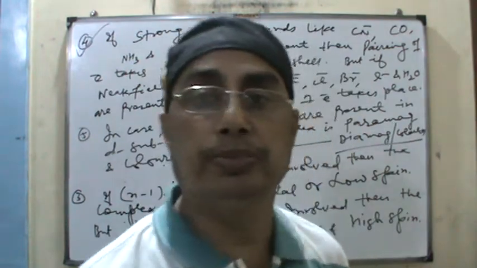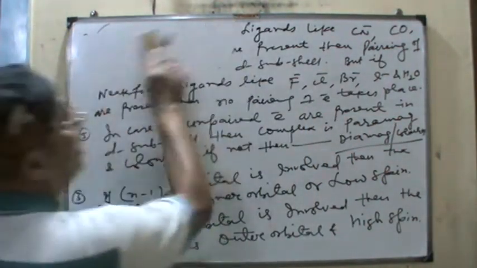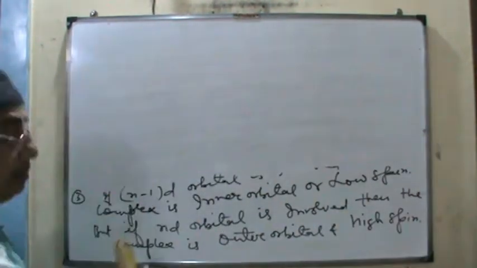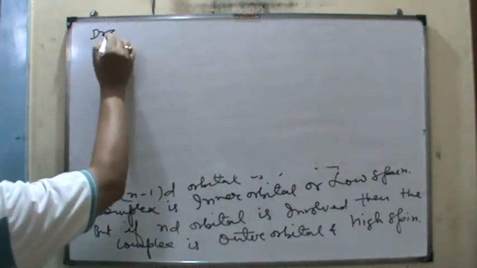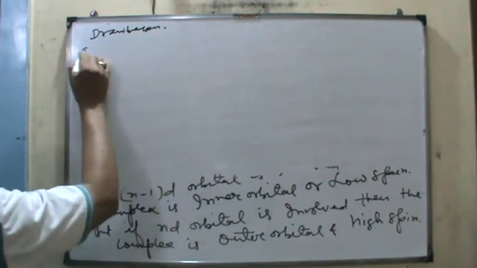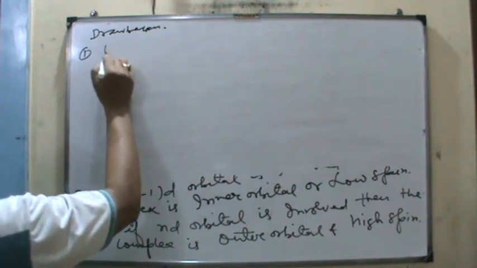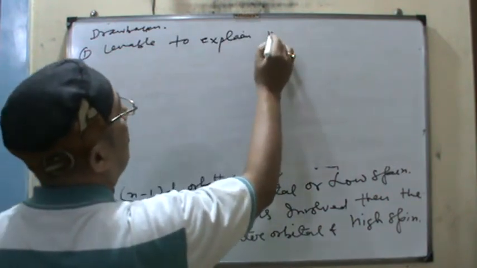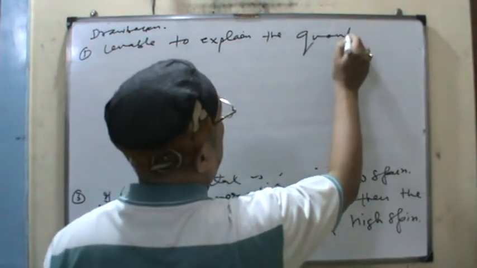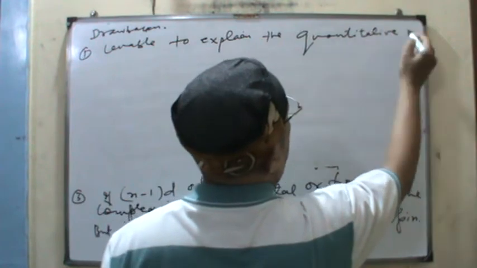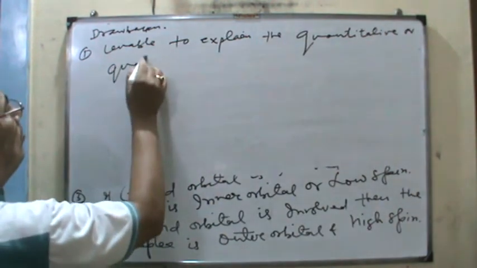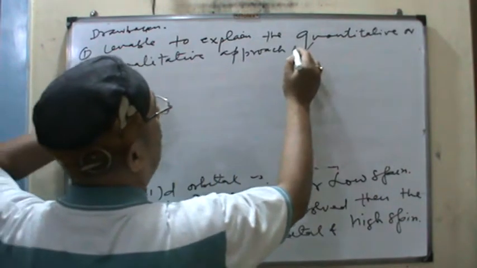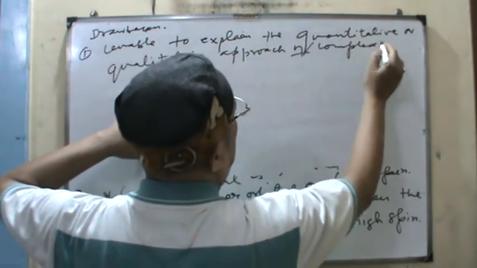The first drawback of the VBT is that it is unable to explain the quantitative or qualitative approach of complexes.